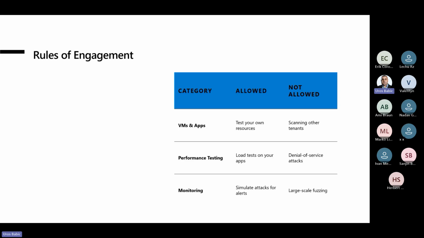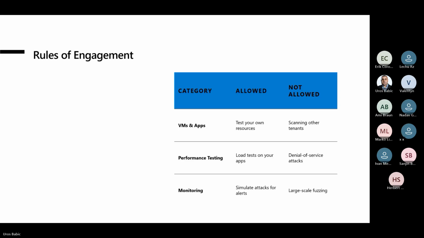The performance of an application and its ability to handle many situations with a large number of requests can be tested. That is also a challenge. We must follow the way to protect all of this from the point of view of defense, but the rules of engagement are very important.